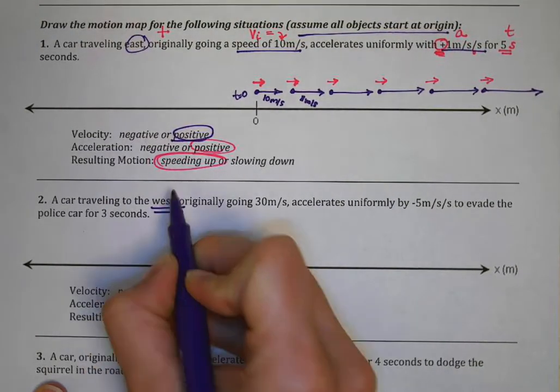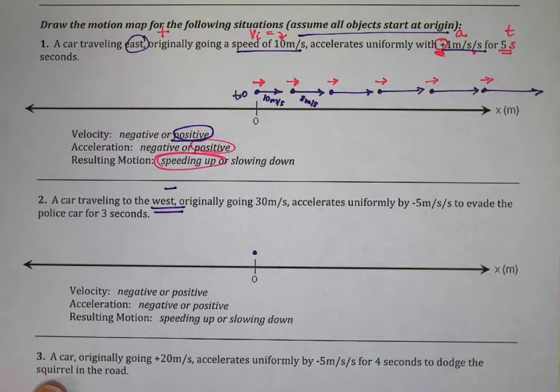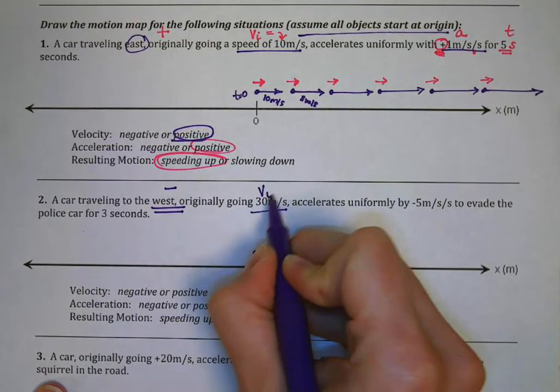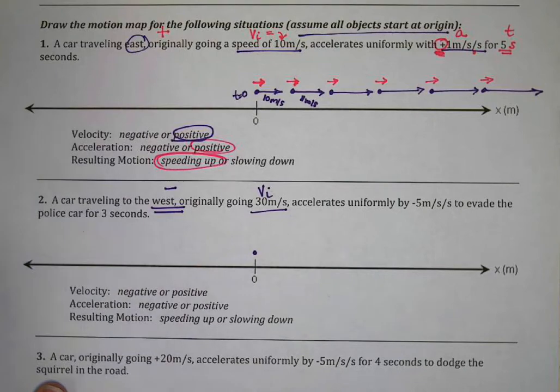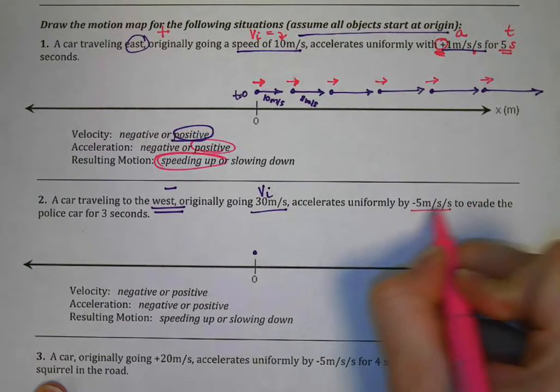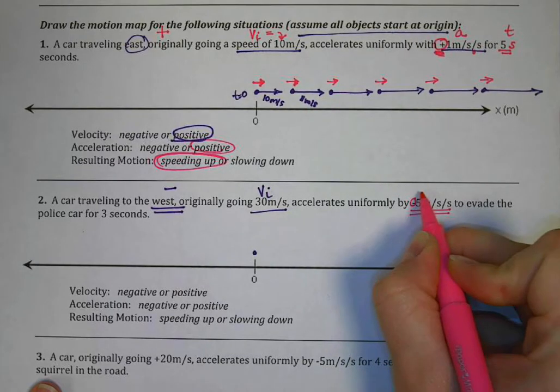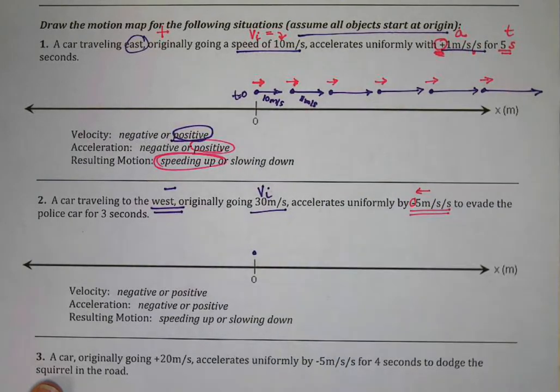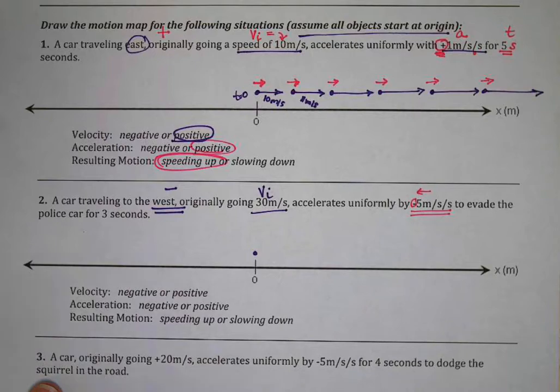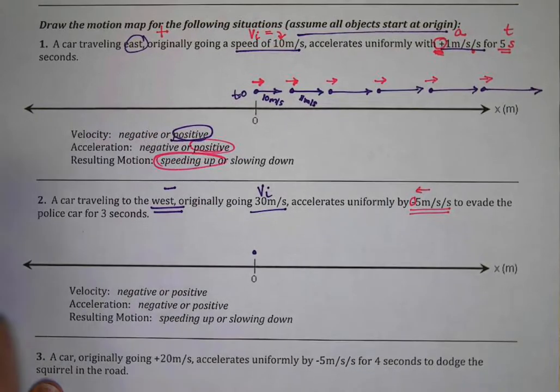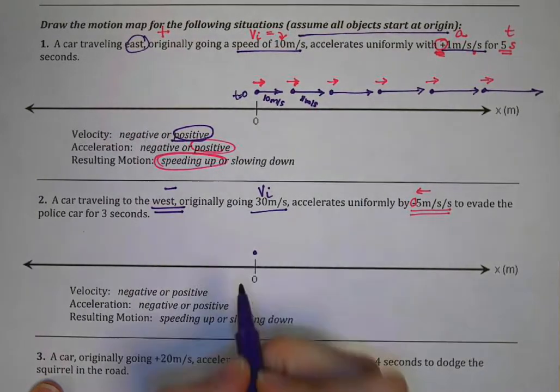West to us means negative, so our velocity is negative. We have an initial velocity of 30 meters per second, and we have an acceleration of 5 meters per second, but specifically negative. So that means we will also be drawing our acceleration to the left, for a time period of 3 seconds.